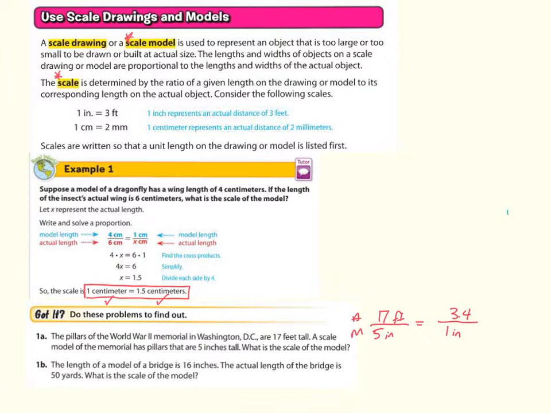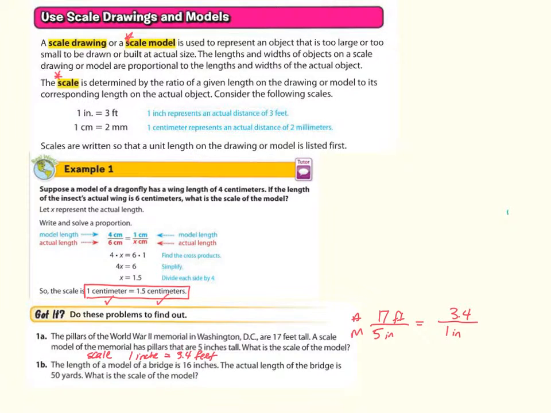So the scale which represents the relationship between this model and the actual World War II memorial is 1 inch, which represents the model, equals 3.4 feet, which represents the actual size. Okay, so that is our answer because it has two numbers, one being the model, one being the actual.